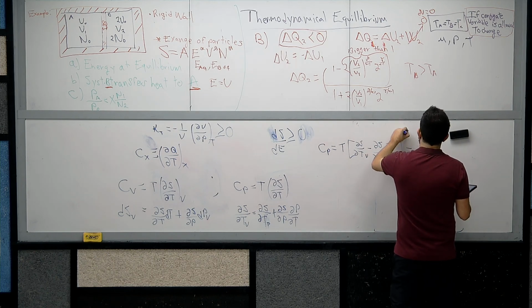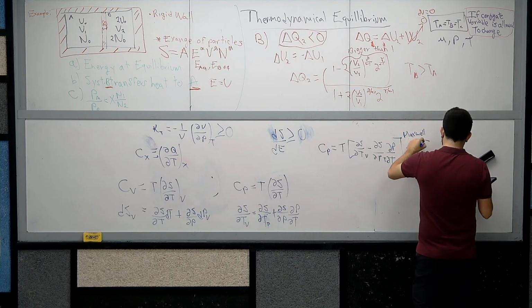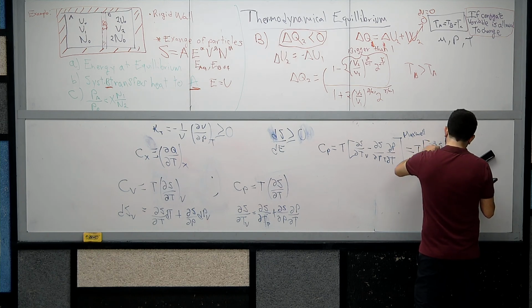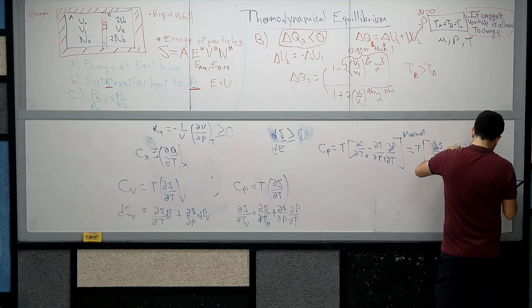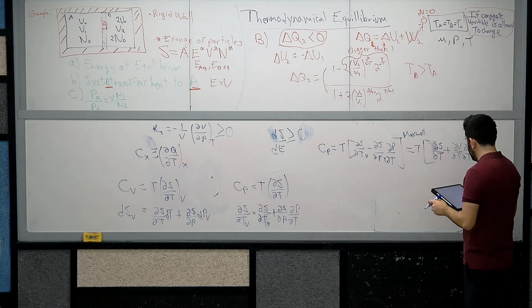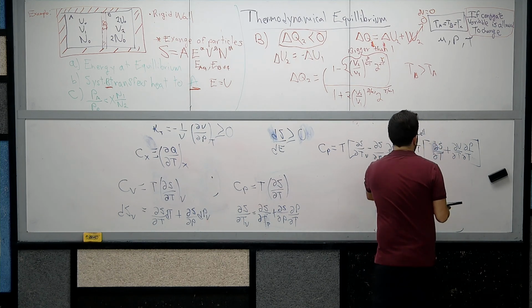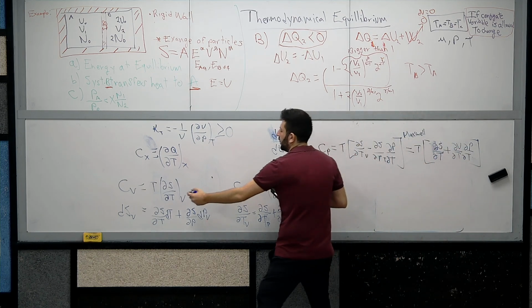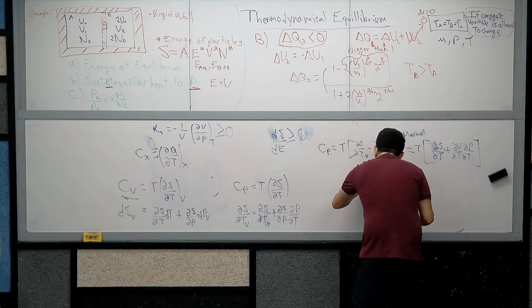This you can use Maxwell relations to show that this is actually, sorry, okay, and similar, and then you can use these relations that we got for the heat capacity at constant volume to show that this must hold.